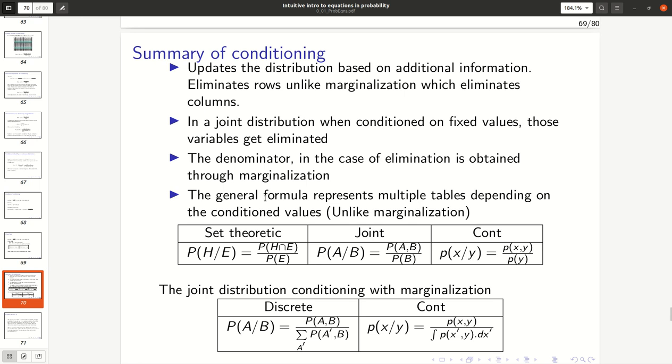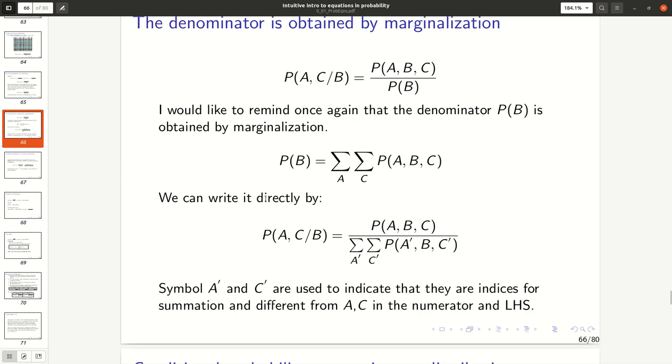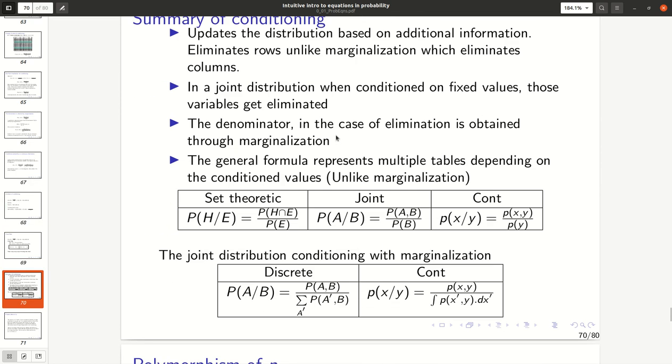So as we saw earlier, based on the value of B, this general formula represents multiple tables depending on the conditioned values, unlike marginalization, which represents only one table in its expression.